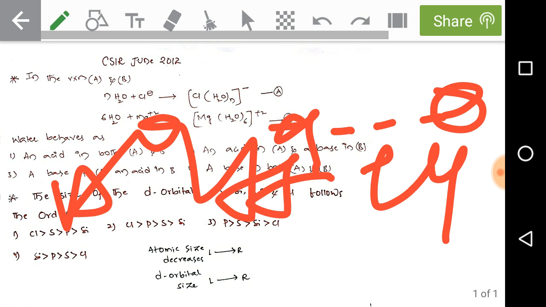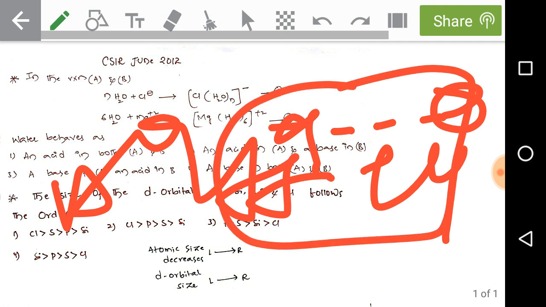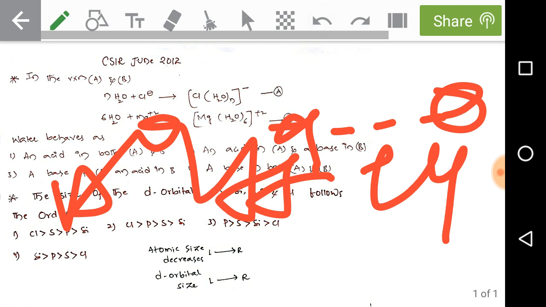That means the H plus is simply being donated to Cl minus. Whenever H plus is donated, according to Brønsted-Lowry theory, water is acting as an acid. Water is simply donating its proton, not completely, through the ionic dipole interaction between H plus and Cl minus. That's why water is acting as an acid in the first reaction.